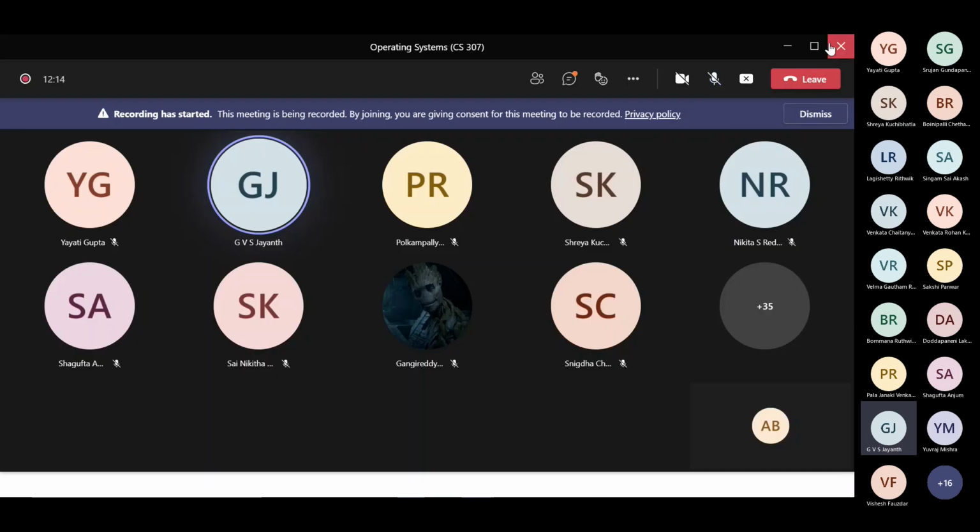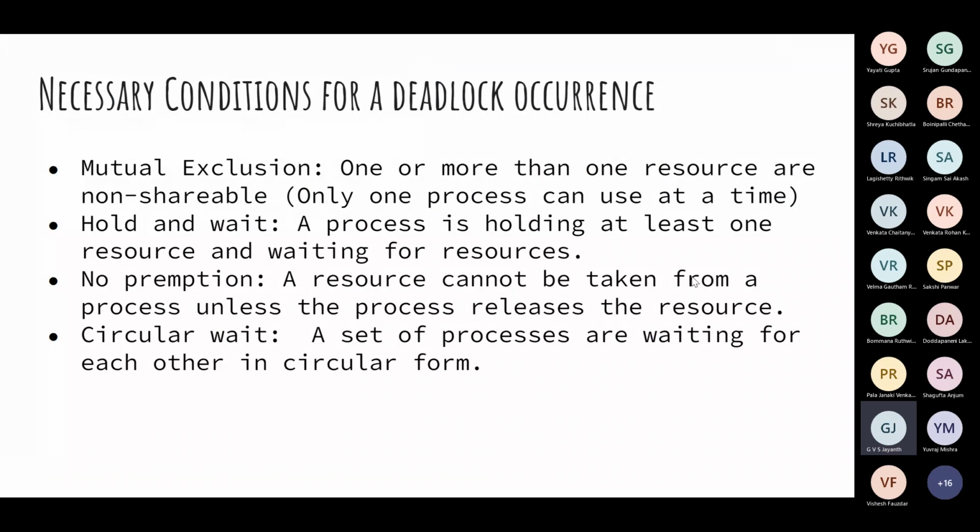Deadlocks have necessary conditions. The necessary conditions are mutual exclusion, like when a resource is requested by more than one process, then it goes into deadlock. And hold and wait, like when a process is holding a resource and waiting for another resource, like it needs more than one resource, then deadlock occurs.